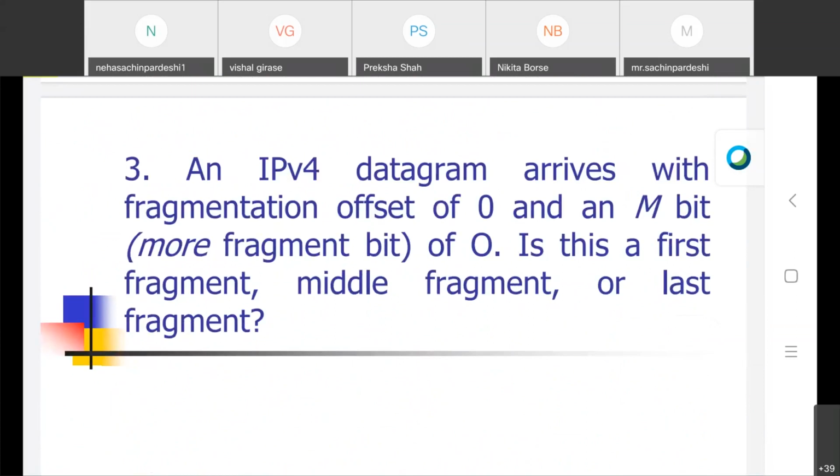Like, 4 is for the version, 5 is for the header length, 00 is for the services, 0054 is the total length. If you write these values into the IPv4 header format, you will easily know how to solve this problem. Okay, I will share this problem later. We'll discuss the other type of problem.